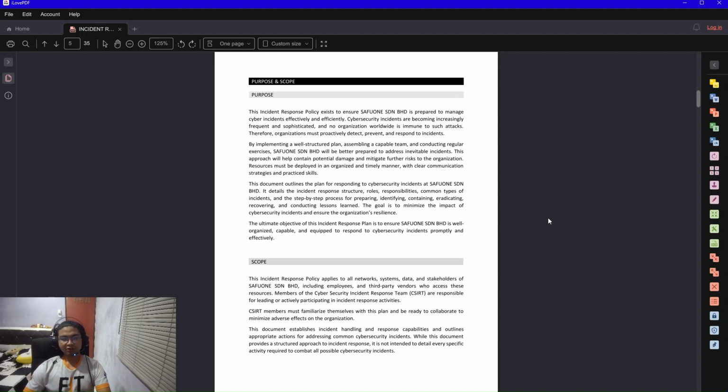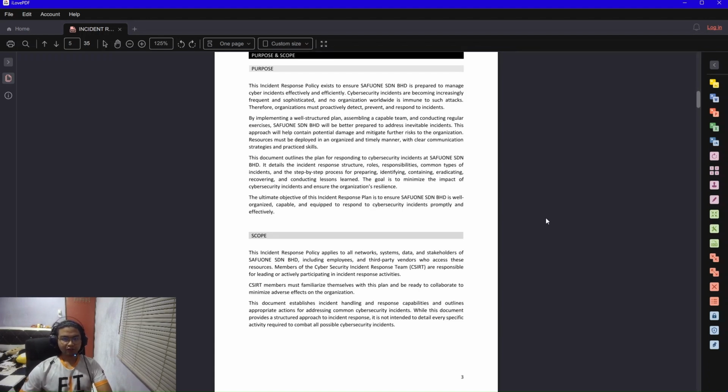This document also outlines the plan for responding to cybersecurity incidents at Safuone Berhad. It details the incident response structure, roles, responsibilities, common types of incidents, and the step-by-step process for preparing, identifying, containing, eradicating, recovering, and conducting lessons learned.